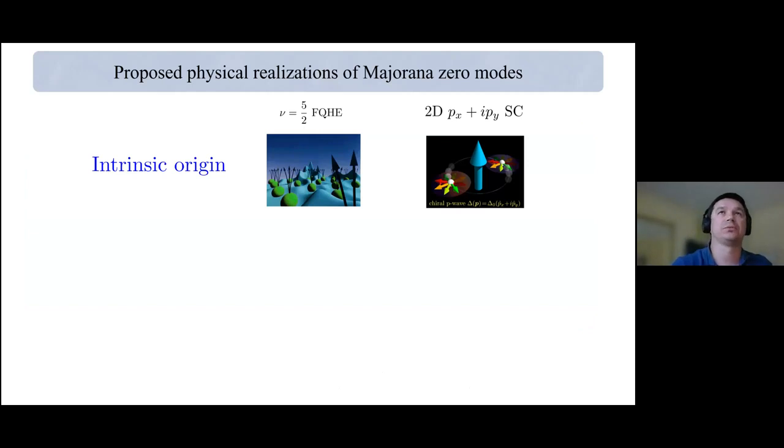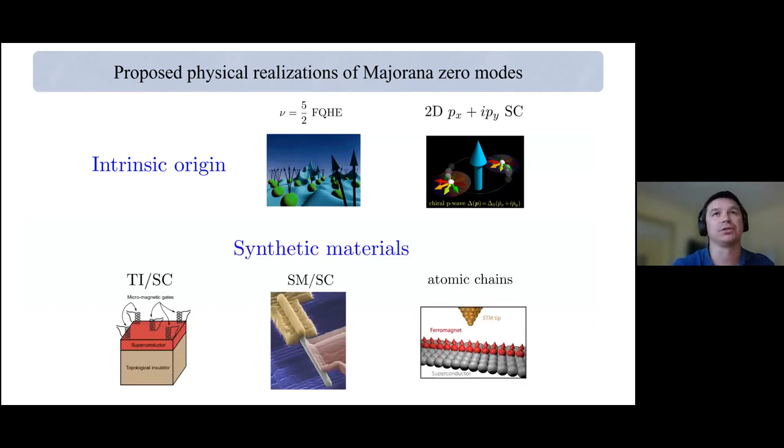So probably this is well known to most people on this call. Topological phases can be either intrinsic or engineered, and there's a lot of interest in engineered materials because it's very difficult to find materials with intrinsic origin. And we discussed today atomic chains, some TI-based proposals. I'm going to focus on semiconducting heterostructures.